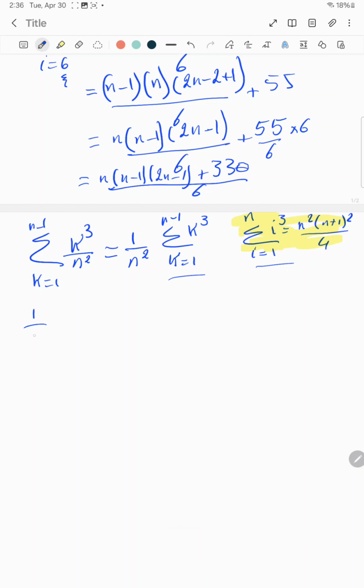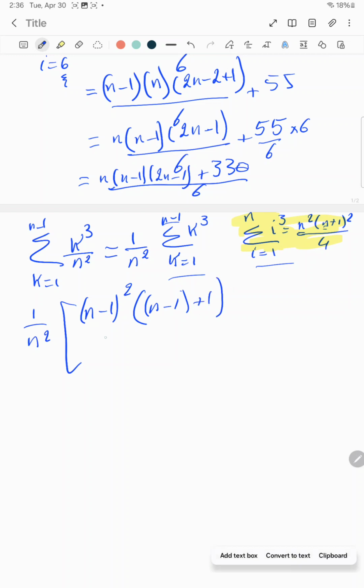So it becomes 1 over n squared, and instead of n, I have n minus 1. So it becomes n minus 1 squared, and here I replace n by n minus 1 plus 1, divided by 4. So if I like, this will become n.